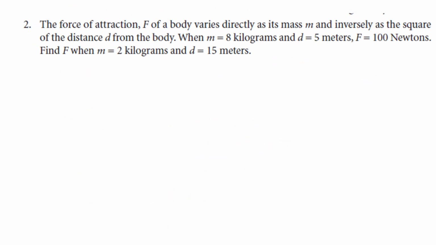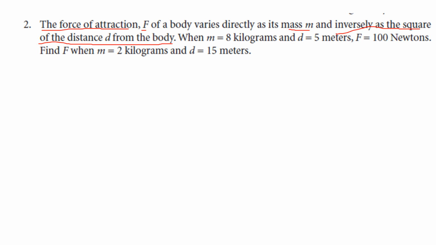Now let's have another question. The force of attraction, which is represented as F, varies directly as its mass m and inversely as the square of the distance from the body. Okay, so first and foremost, question number 9 ng kaugalingon. What is the type of variation being represented by our problem?